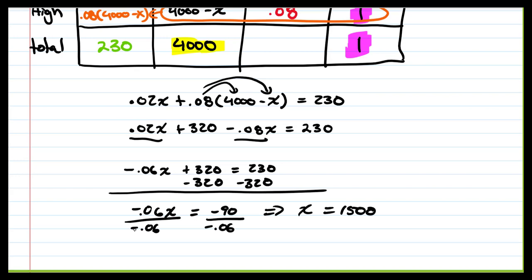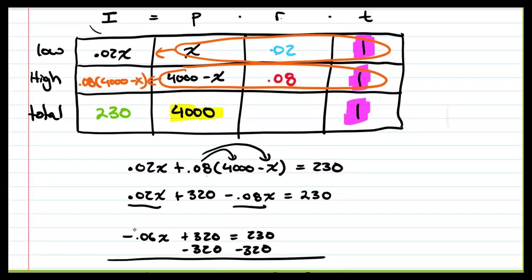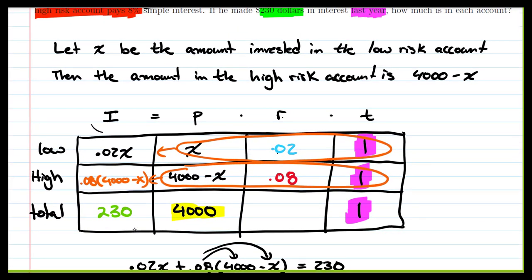Now we go back to our variable declaration at the very beginning, and what was x? x was the amount invested in the low-risk account. So the low-risk account had $1,500.